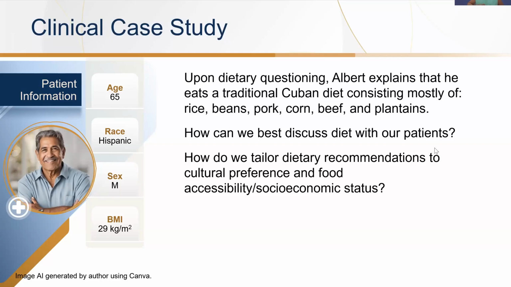So I want to always be careful, because patients who have long-standing cultural diets and cuisine is something that we don't want to be ignorant to, but at the same time, we have to talk to our patients to make sure that they have access based on their socioeconomic status, as well as education as to what the correct food choices are for a patient who has underlying diabetes and who has metabolic associated liver disease.